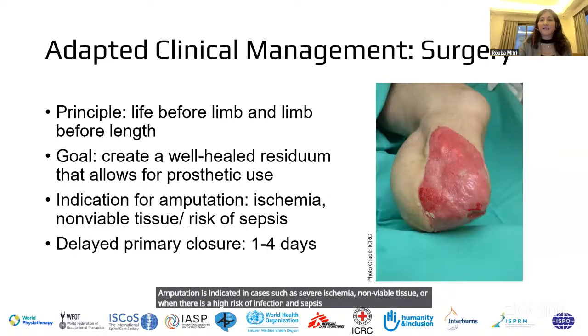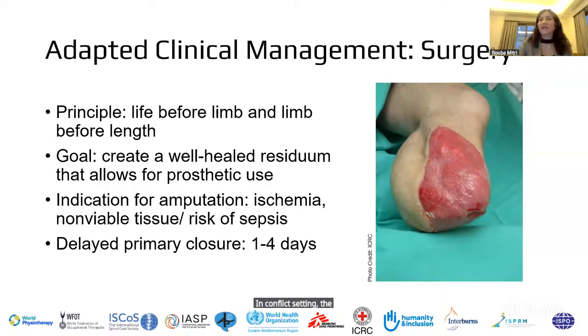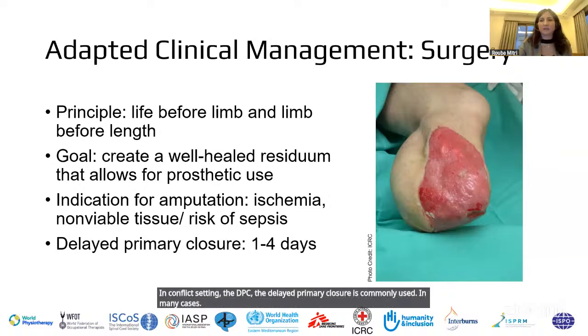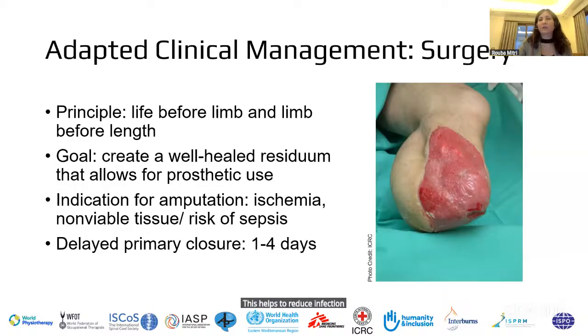In conflict settings, DPC, the delayed primary closure, is commonly used. In many cases, wounds are contaminated, so they are left open for about 1 to 4 days before closure. This helps to reduce infection risk and improve the healing outcomes.